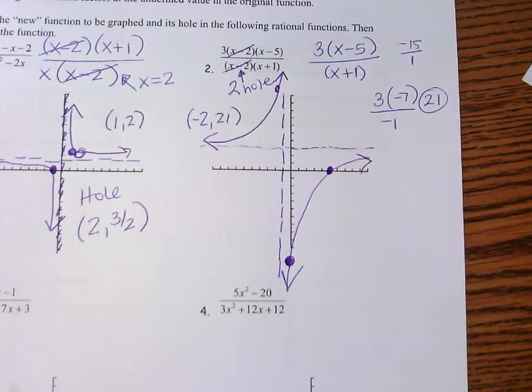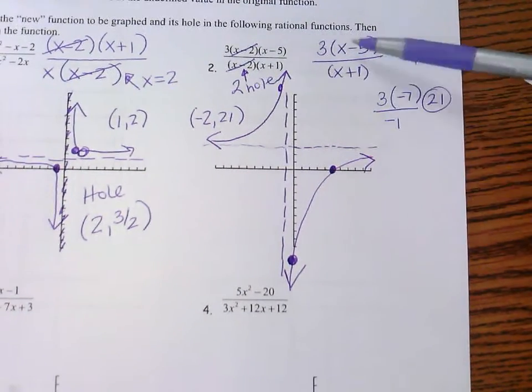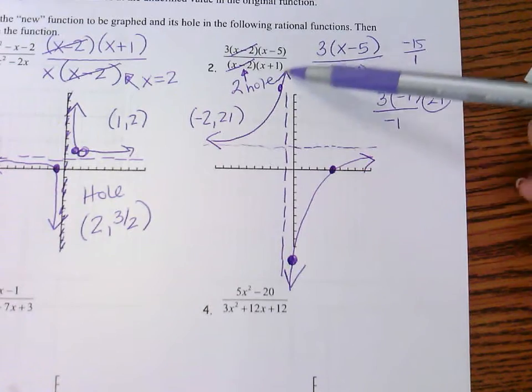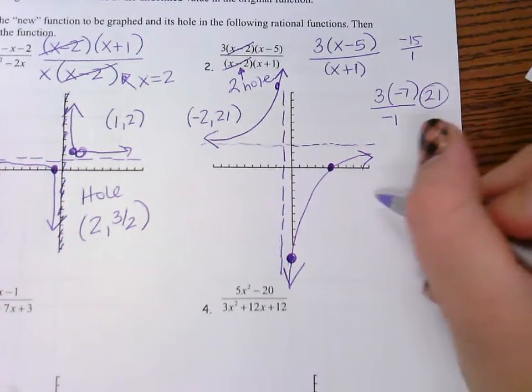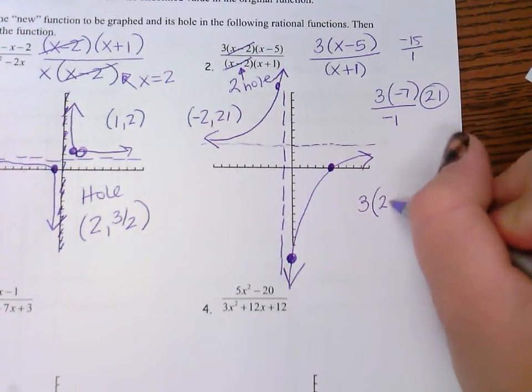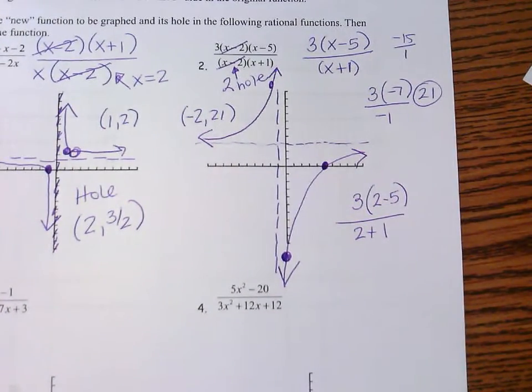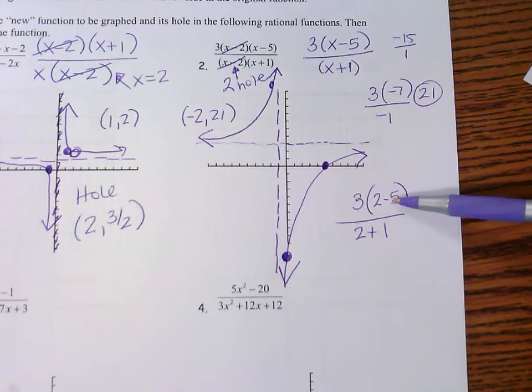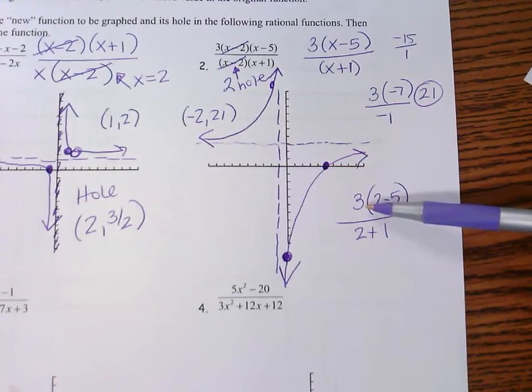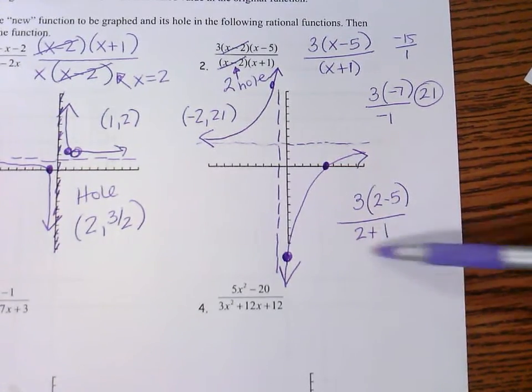So my last step is I have to find my hole. So I have to plug 2 into this new function. So I'm going to say 3 times 2 minus 5 over 2 plus 1 and see what I get. So 3 times negative 3 is a numerator of negative 9, and I'm dividing by positive 3.